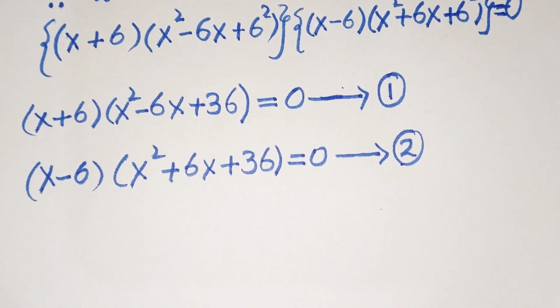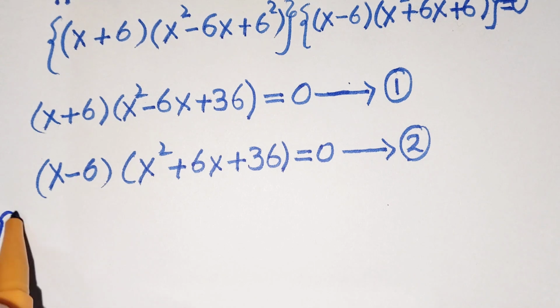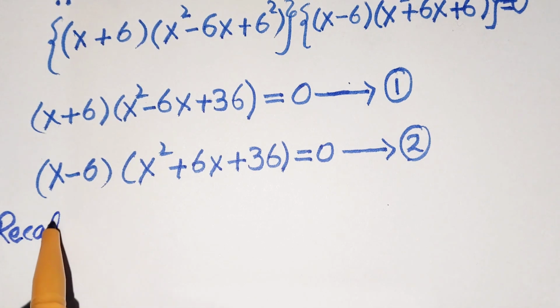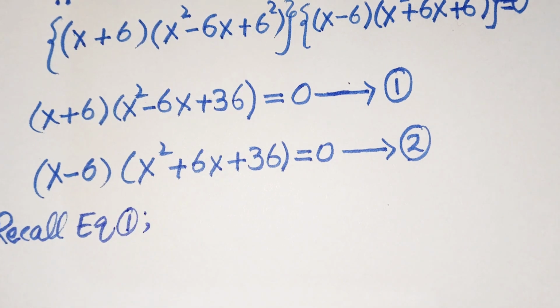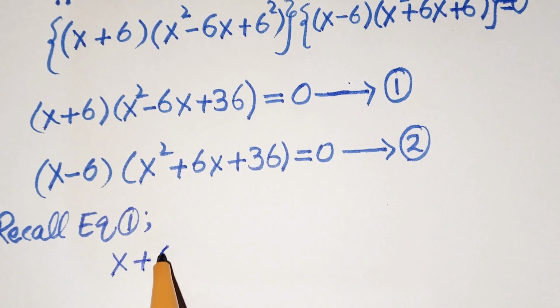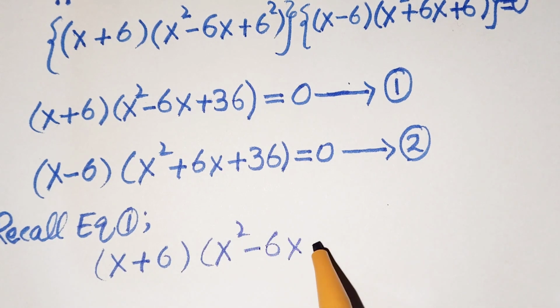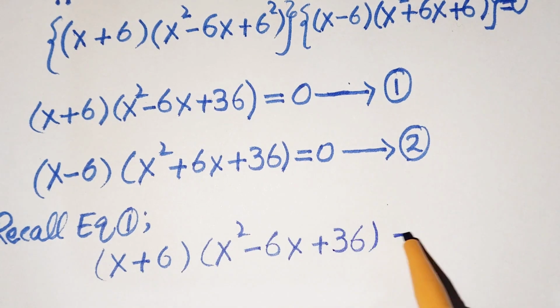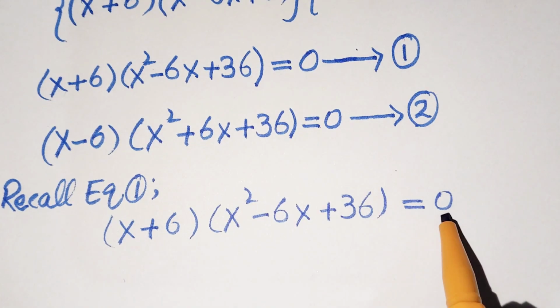Now recall equation 1: x plus 6 times x square minus 6x plus 36 is equal to 0. We know that x plus 6 is equal to 0, and similarly this other factor is also equal to 0.